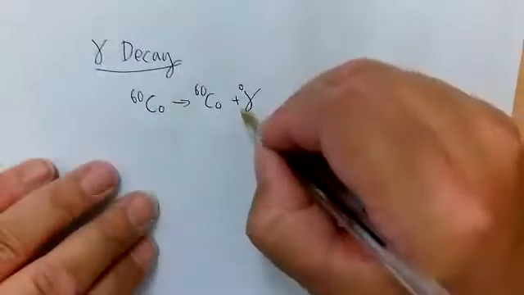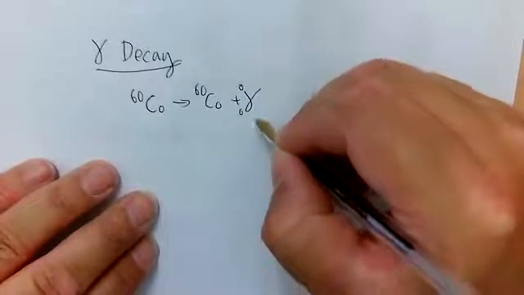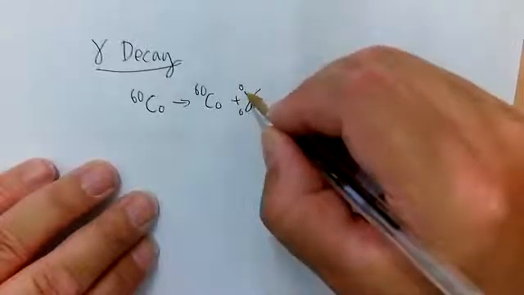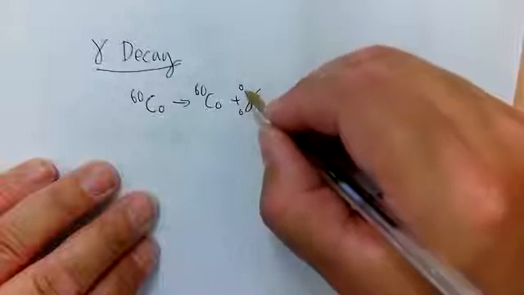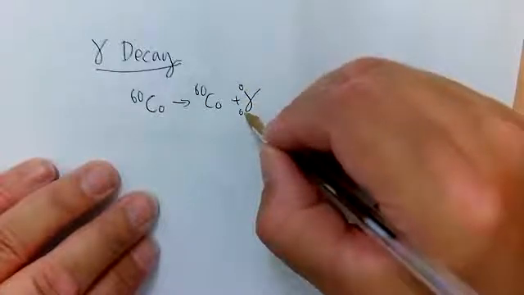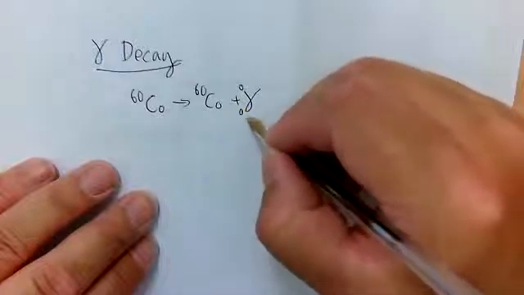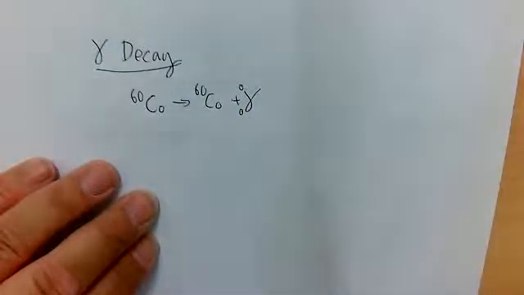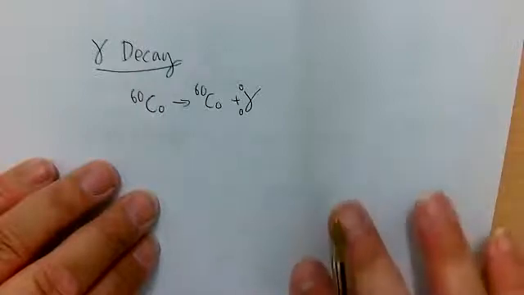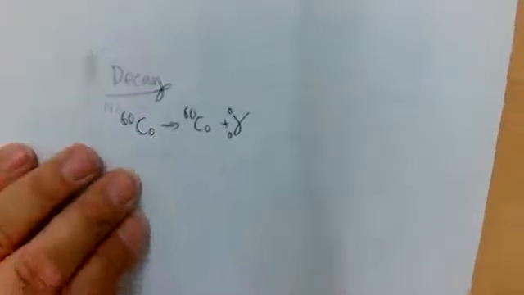So we know it's got a charge and a mass of 0 because it's light. Light doesn't carry mass. Light doesn't have a rest mass. Light doesn't have a proton number. There are no protons or charge in particles of light. So gamma decay is probably the simplest one to predict.